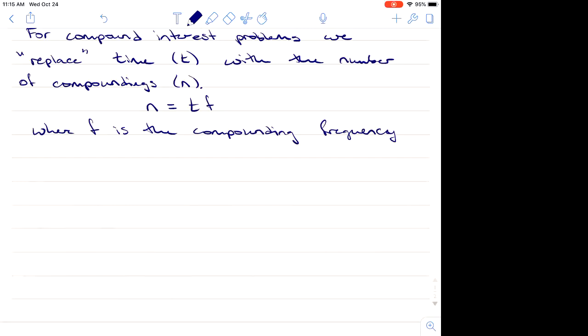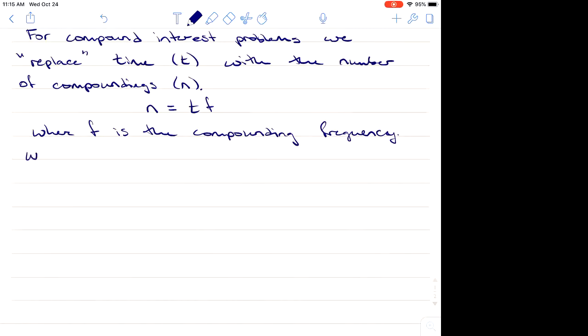Okay. And we also, I'll put air quotes on here, replace. We're not replacing anything, but in our calculations, we don't use R anymore. R we call the nominal rate or the annual interest rate. That's not the one we're going to use anymore.